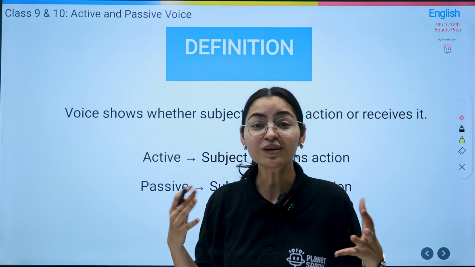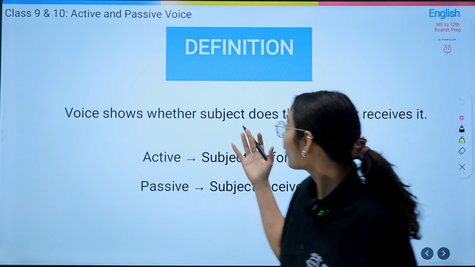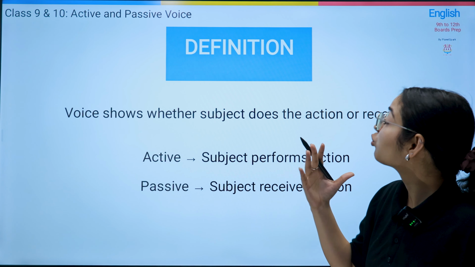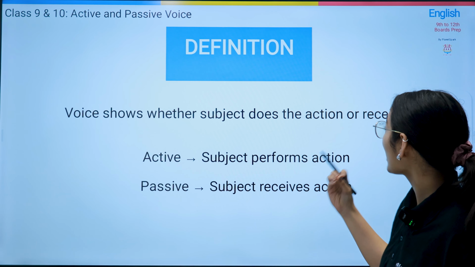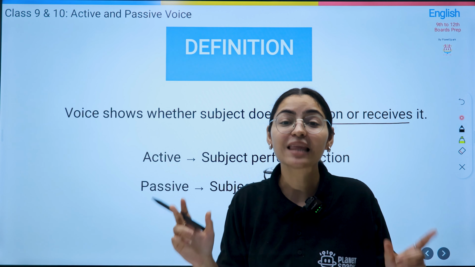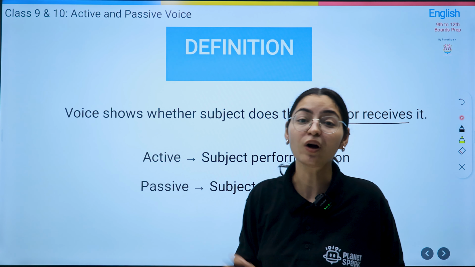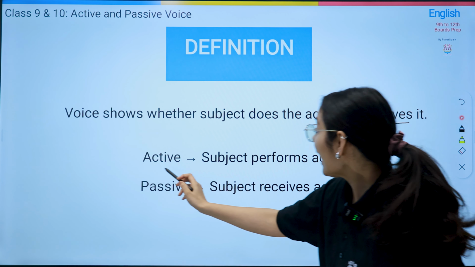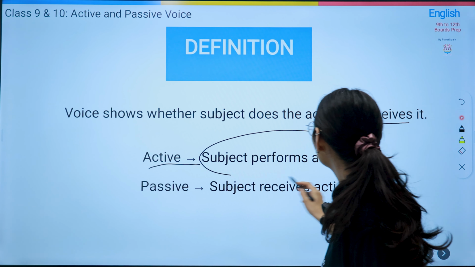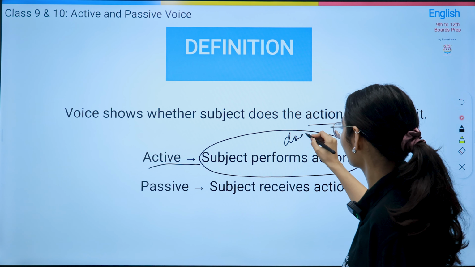Alright, so we are first going to talk about active and passive voice. We are going to talk about what exactly it is. So basically, voice shows whether the subject does the action or receives it. And that is the major difference between active and passive voice. In active voice, the subject performs the action. He is the doer of the action.